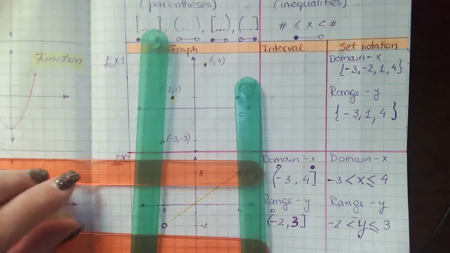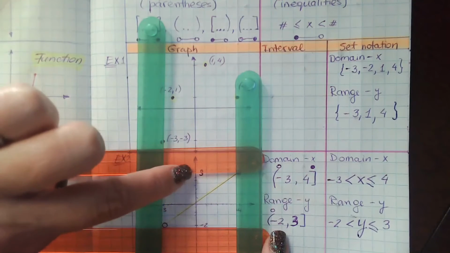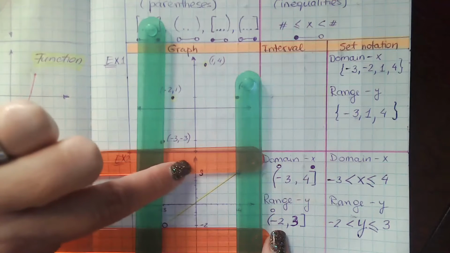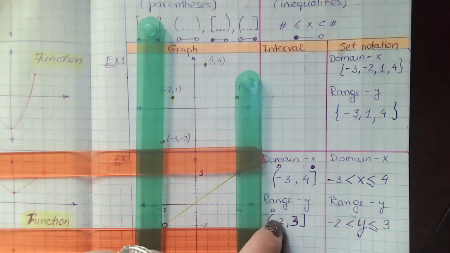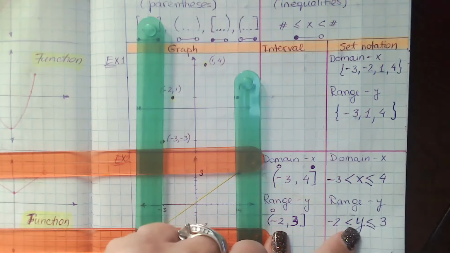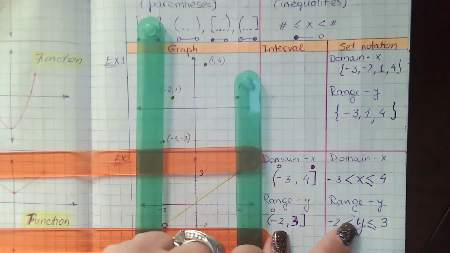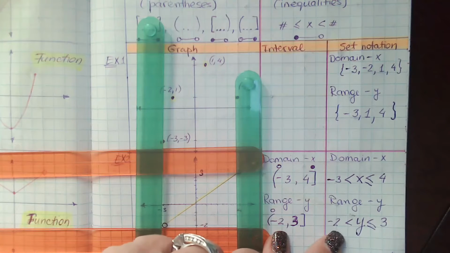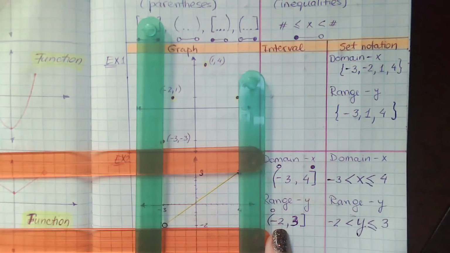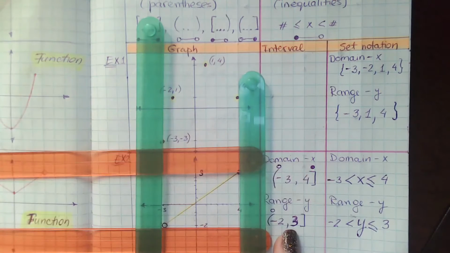Then the range values are from -2 up to 3, the interval -2 to 3 along the y-axis, and as an inequality or set notation, we have the y values in between -2, lower value, and 3, included, higher value. So the y values are from -2 to 3.